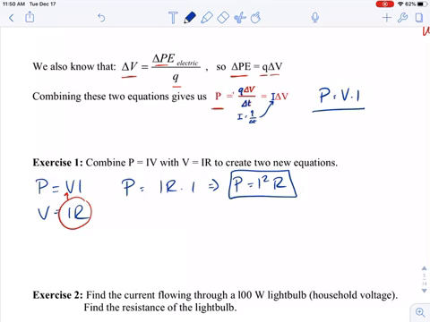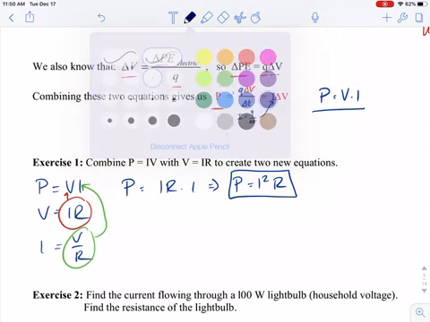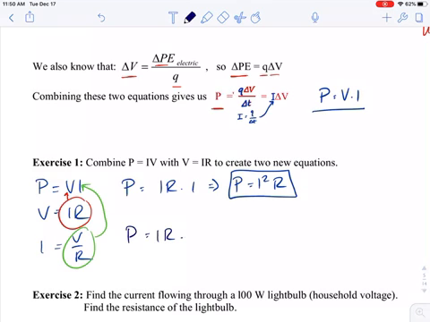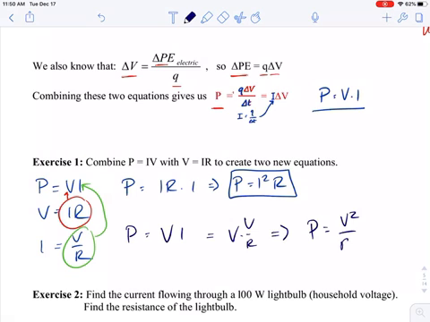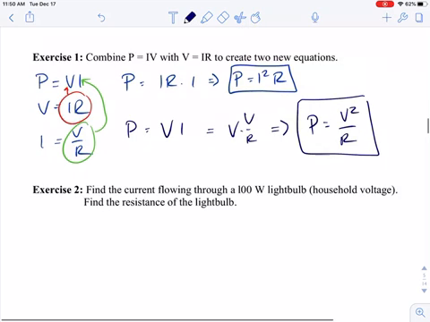Another thing I can do is rearrange Ohm's law to solve for current, plugging in V over R for I. So P equals VI, and instead of writing I, I'm going to write V over R. So I get power equals V squared over R. Those are just two useful equations for solving problems.